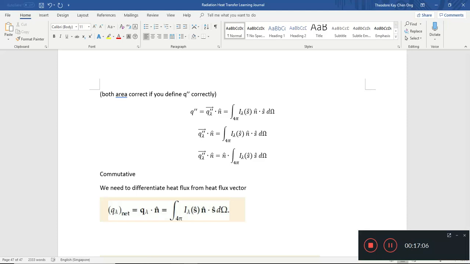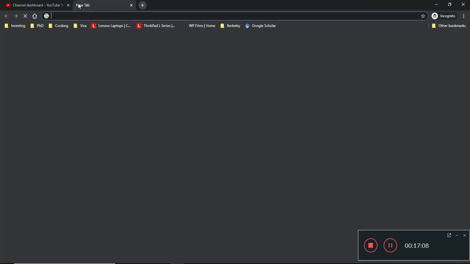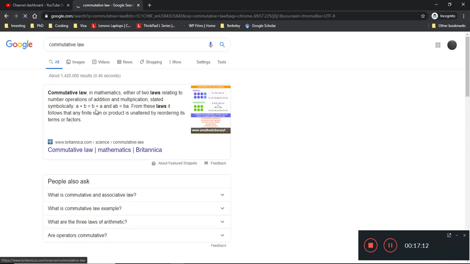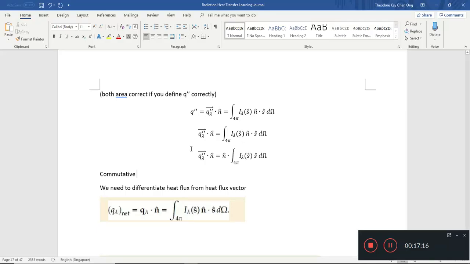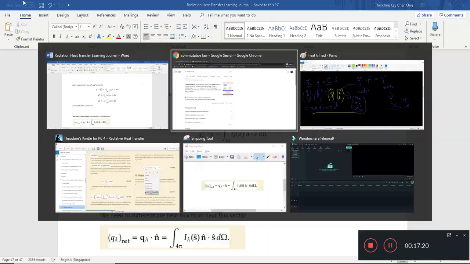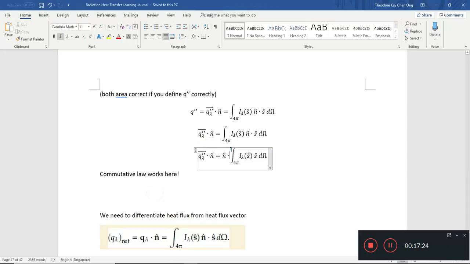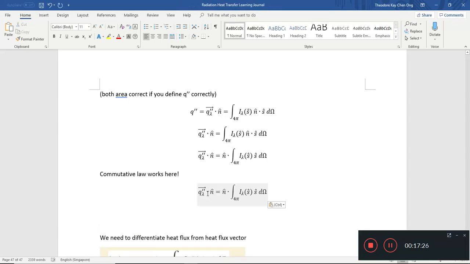If I did correctly, is it the commutative law? Oh yes, this is right, for multiplication. Okay, so it's called the commutative law, which means I can reverse the order.